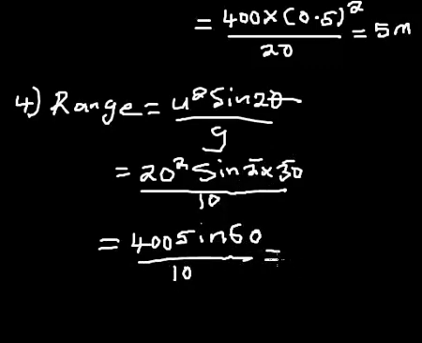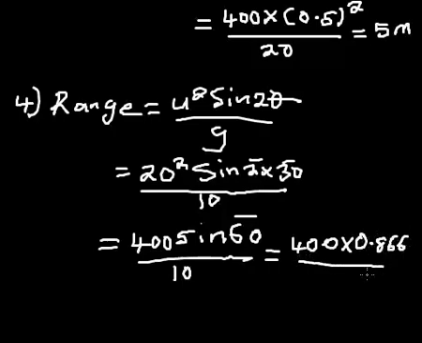Alright, and you can go by calculator or you can go by special angle. Either one. Sine 60 by special angle is root 3 over 2 if I'm not mistaken, right? But my calculator gives 0.866, divided by 10.